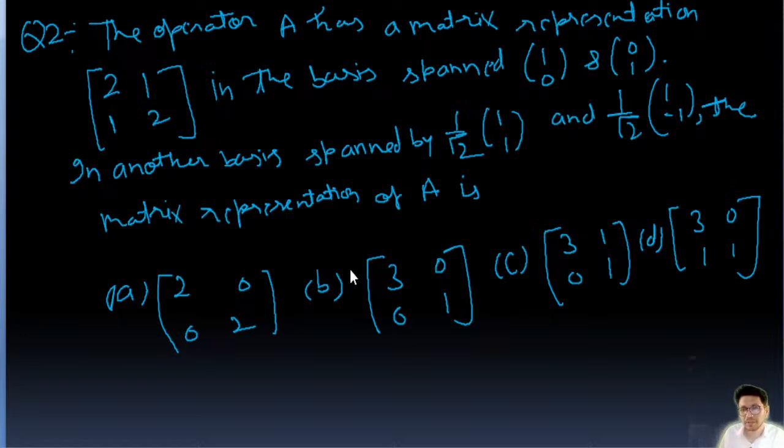Good question. It's a matrix question, so I'll solve it now. We have been given the matrix representation of the operator in the basis (1, 0) and (0, 1), and another basis spanned by 1 by root 2 (1, 1) and 1 by root 2 (1, -1).